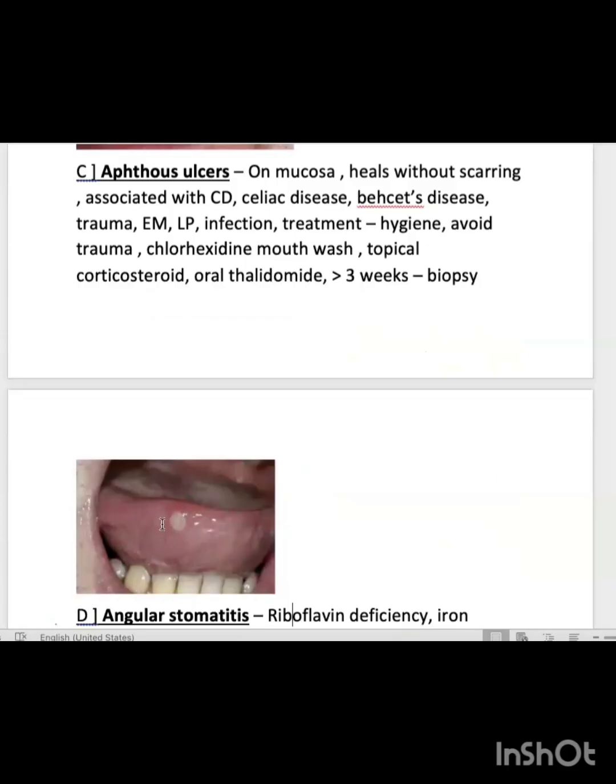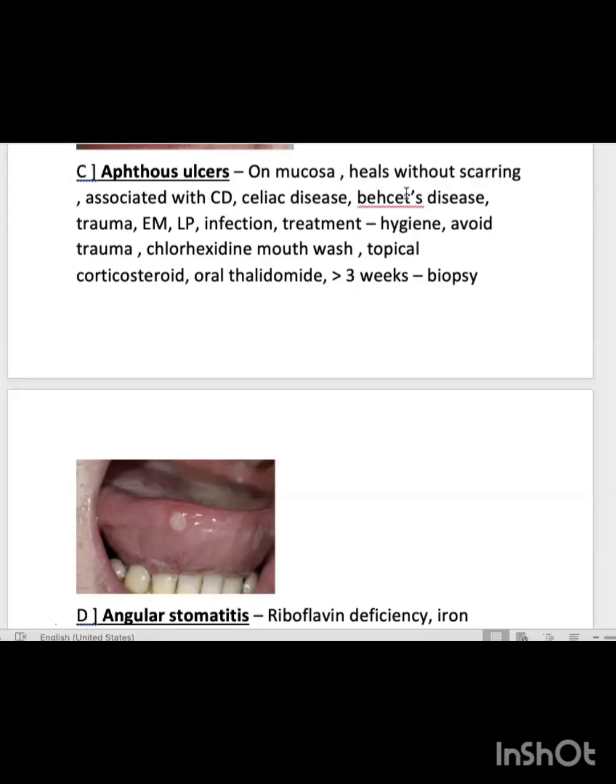This is a typical aphthous ulcer, where there is a central ulcer surrounded by a halo of redness, which occurs on non-keratinized mucosa, heals without scarring, and may be idiopathic or associated with Crohn's disease, celiac disease, Behçet's disease, trauma, erythema multiforme, lichen planus, infection.